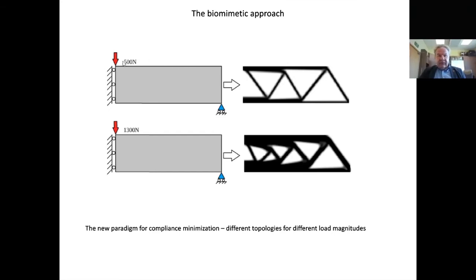For 500 newtons, there is less material than for 1,300 newtons. But this is not the most important thing. The most important is when you look here, there are different topologies. The different topologies are just the reaction to the different load magnitude. So the system works completely differently.